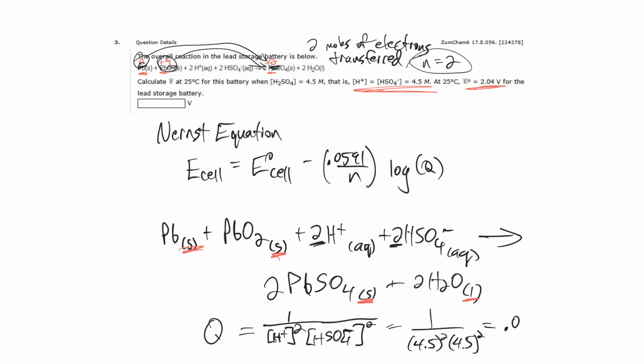And we get a number of 0.00244. Okay, now we know Q. Q is this number. We've got standard cell potential, that's this number. And we've got number of moles of electrons transferred, that's this number. Let's just plug and solve.